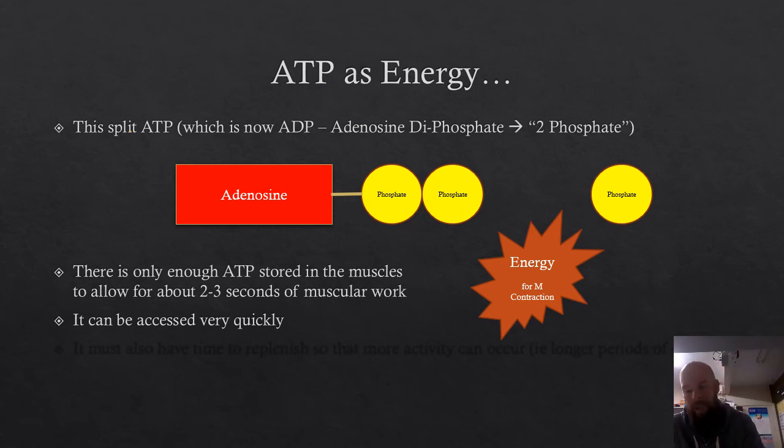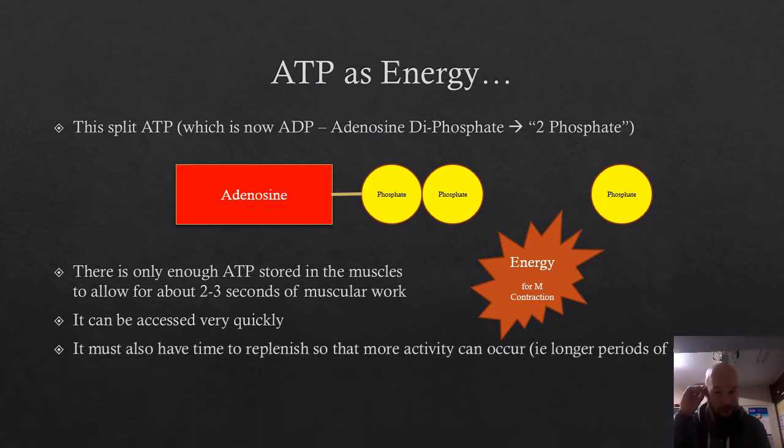But the downside is that it's also got to have time to replenish, which means there are going to be longer periods of rest between exercise. So you can go flat out and run your 100 meters, but you are going to have to eventually stop and rest, because the energy system needs time to replenish itself.